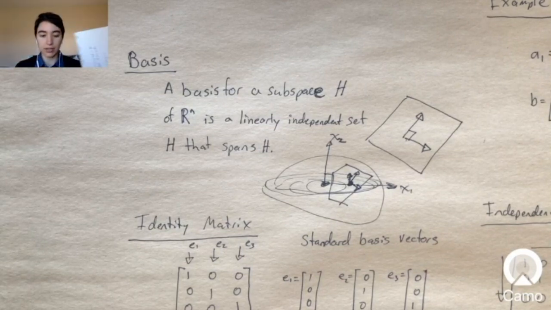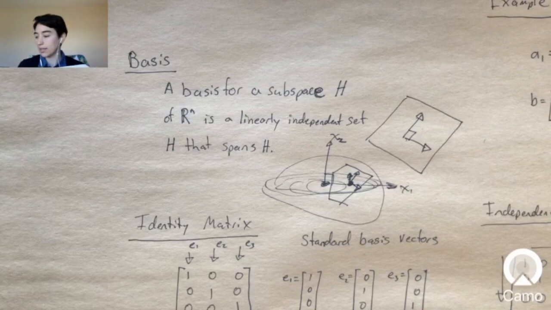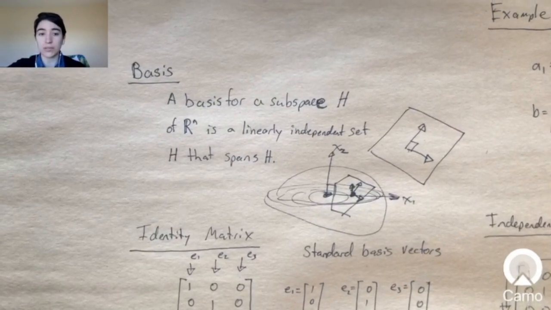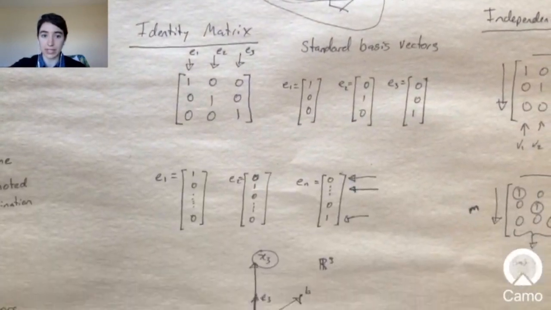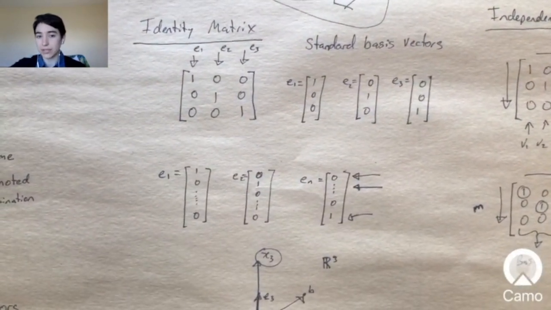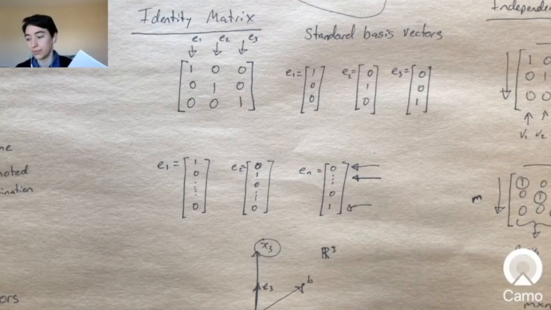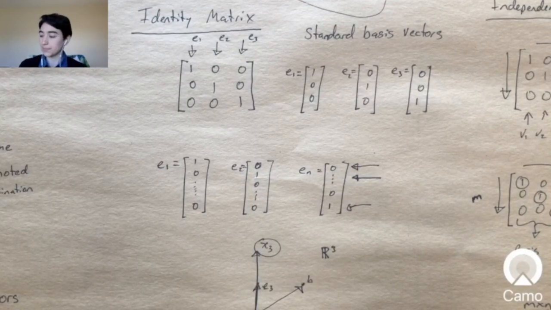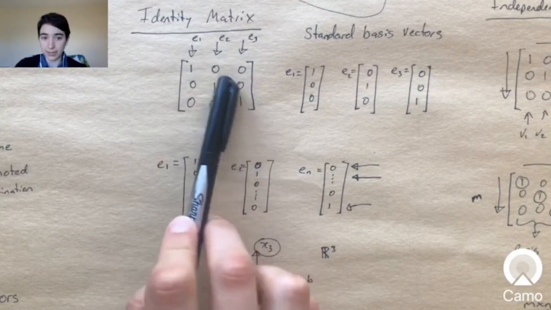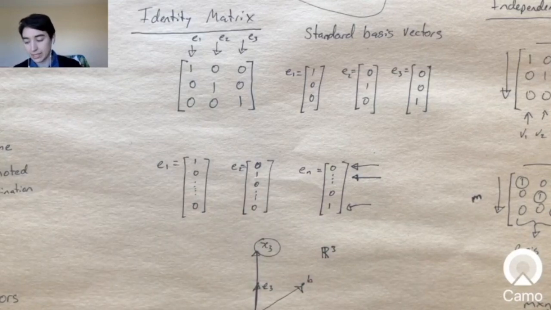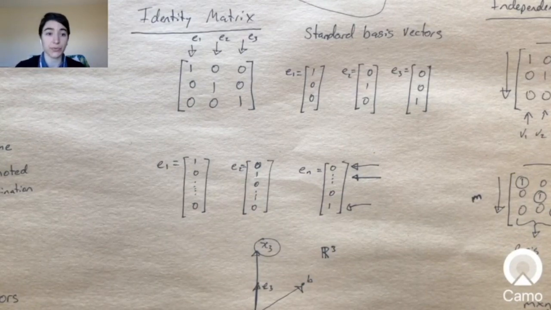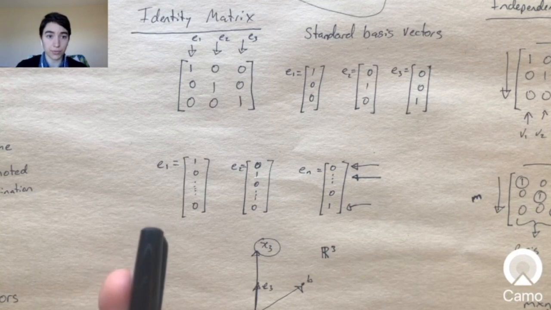Moving on from that, let's talk about standard basis vectors, which means that it would be useful for us to talk about the identity matrix. The identity matrix is something that we have only seen briefly before. It's this right here. This is the identity matrix for a 3x3.